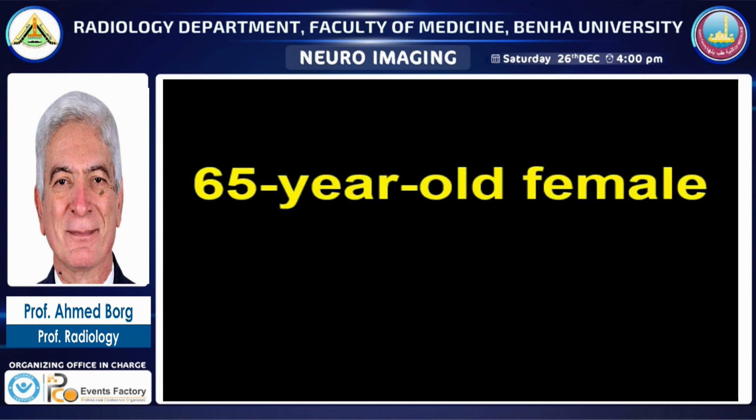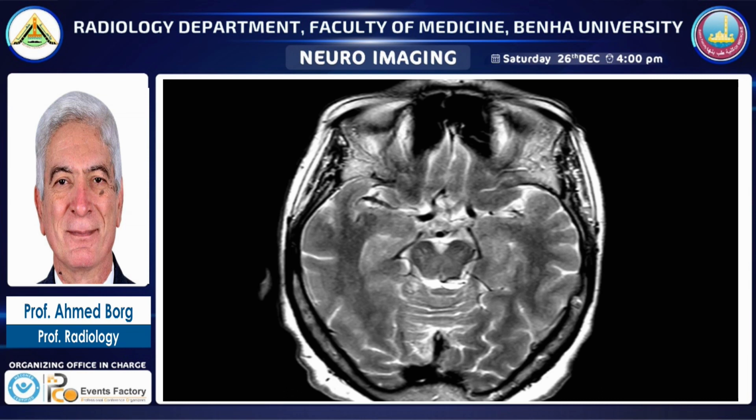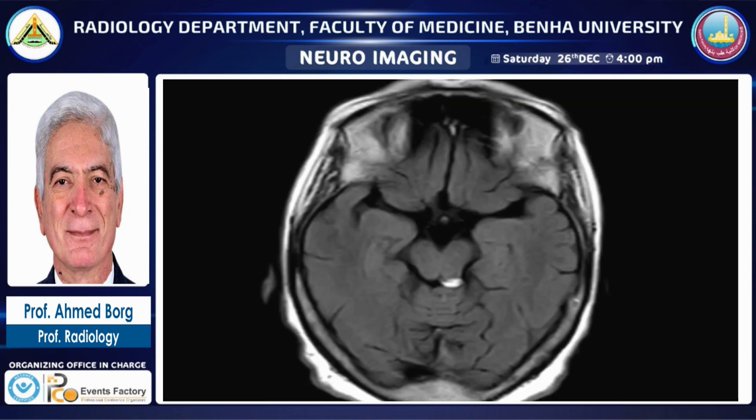65-year-old female. T1 weighted hyperintense area, hyperintense on T2 weighted image. This is at the quadrigeminal plate cistern on the left side.